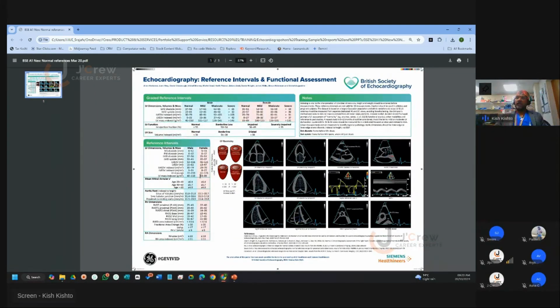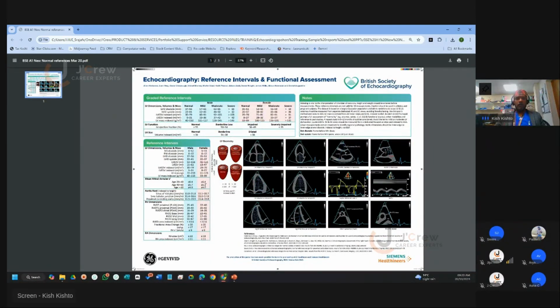Again, they are all indexed, and for the mitral annulus as well, and aortic root. So aortic root is very important. Lots of the data show we need to index it to height. So make sure you do that as per your guideline, because this has an effect predominantly when people are small, petite, with a small heart, compared to somebody who's quite broad and tall.